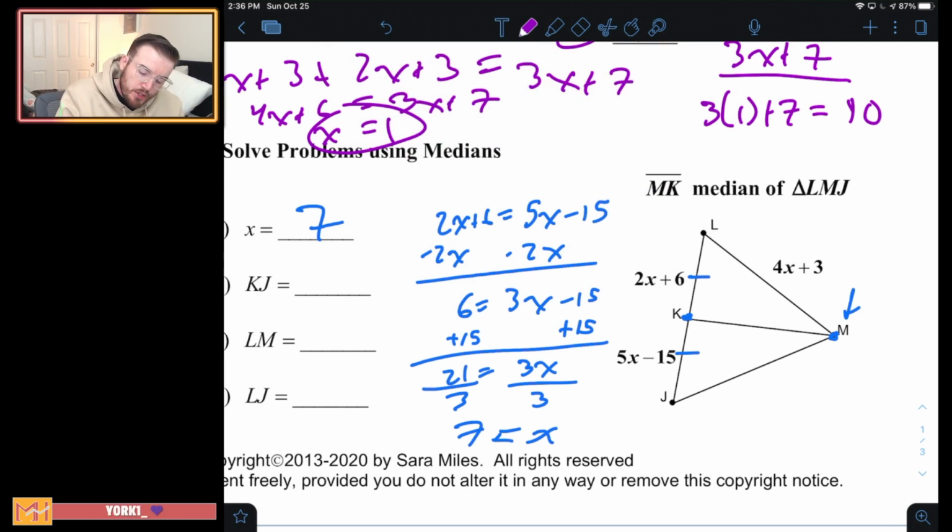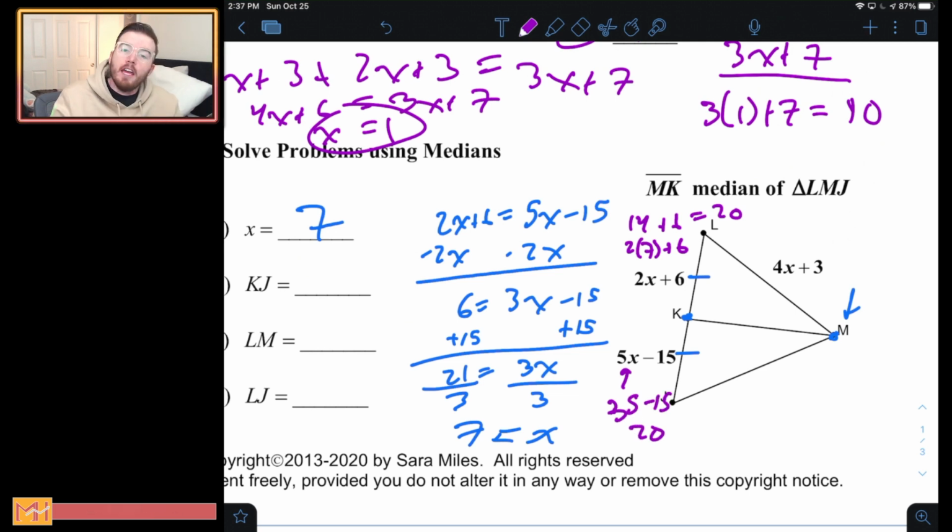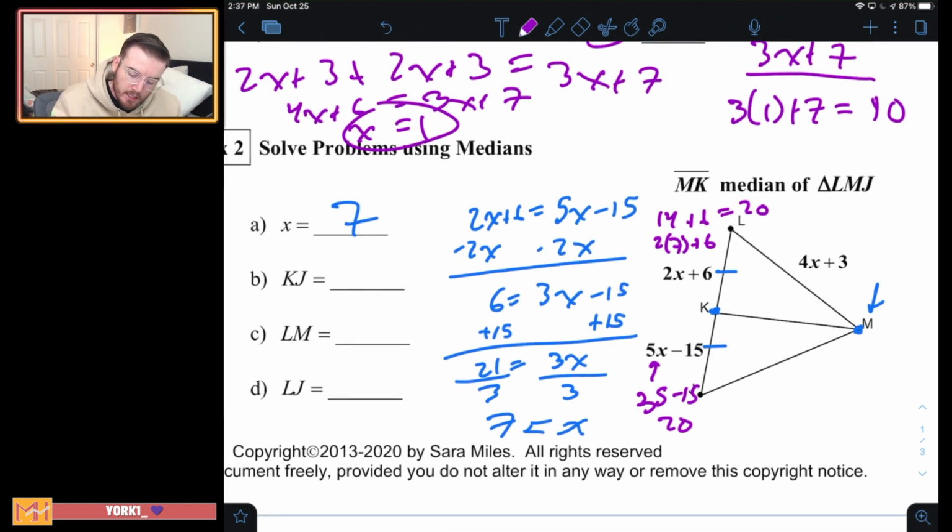I would encourage you to plug in 7 just to make sure that we did it right. 2 times 7 is 14, and 14 plus 6 is 20. Plug in 7 here. 5 times 7 is 35, minus 15 is 20. Okay, we did it right? They're both 20 long. So LJ here is 20 plus 20, which is 40.